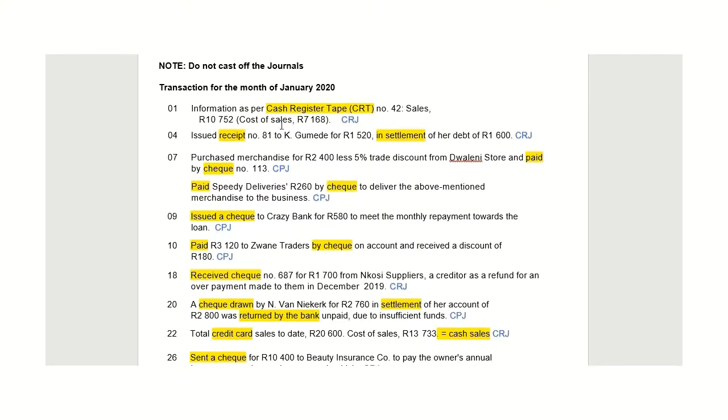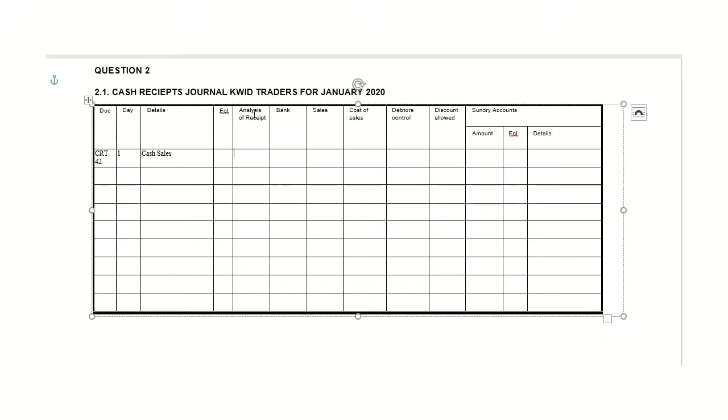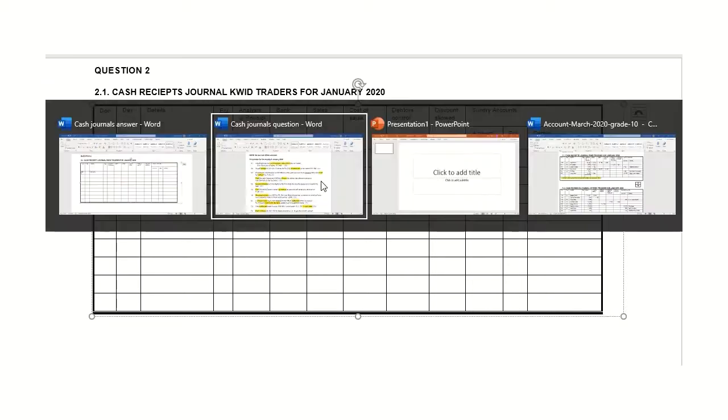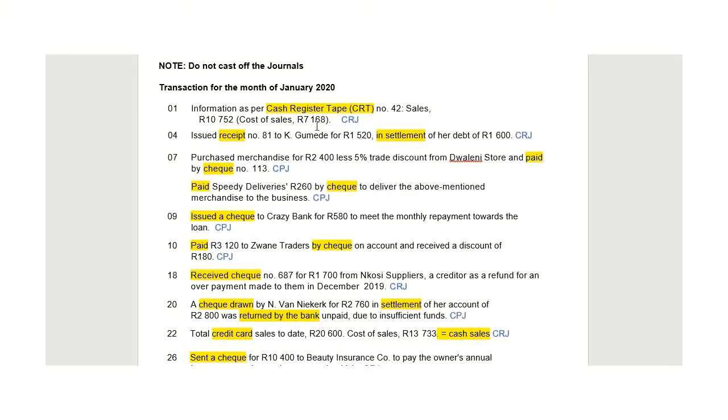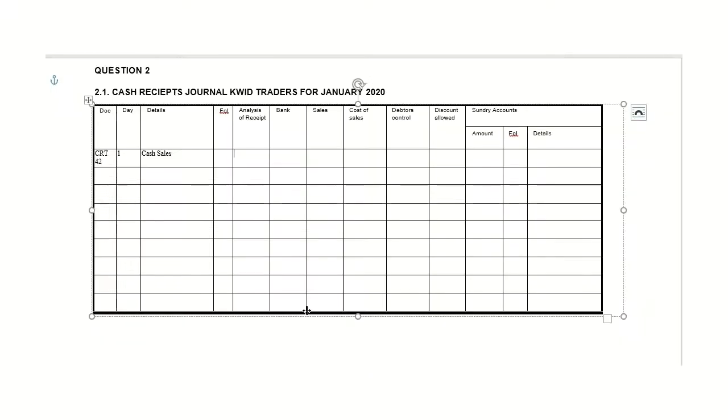Analysis of receipts. Everything we receive and at the store where we issue a receipt must come under analysis. So this one, we did issue a CRT, it's like a receipt, so we received it in our store. What did we receive? We received what we sold it for, not the cost, what we sold it for. So we received 10,752.